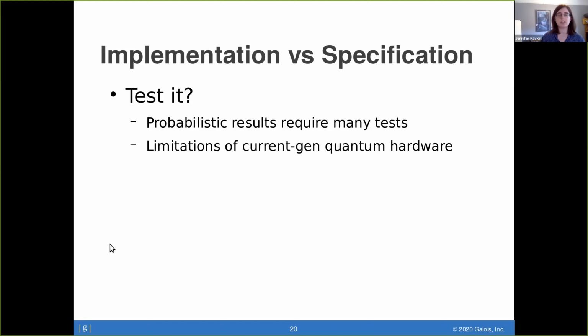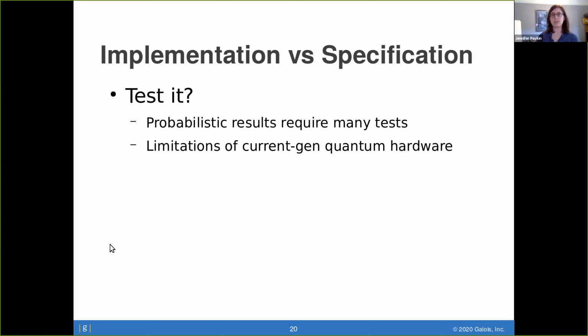Two, there's a question of, are we testing this program on an actual quantum computer, or are we testing it on a simulator? If we do it on an actual quantum computer, of course, that can be very expensive to gain access to. And we also have limitations in terms of the quality of those results.